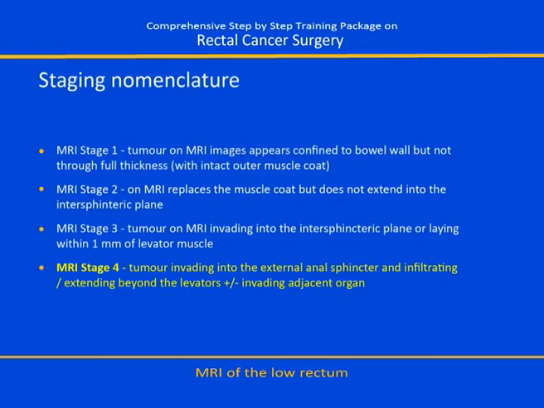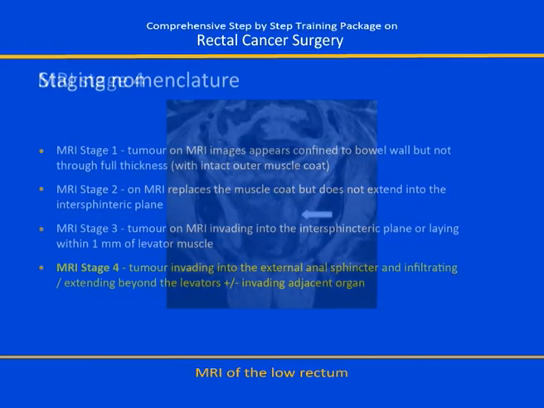And then finally, stage 4 are those tumours that have gone well out into the intersphincteric plane and invading, for example, the external sphincter, or going into an adjacent structure such as the prostate anteriorly or the vaginal wall anteriorly. So they are roughly equivalent to the T staging, but I think it's just a bit clearer, and hopefully would cause less confusion.